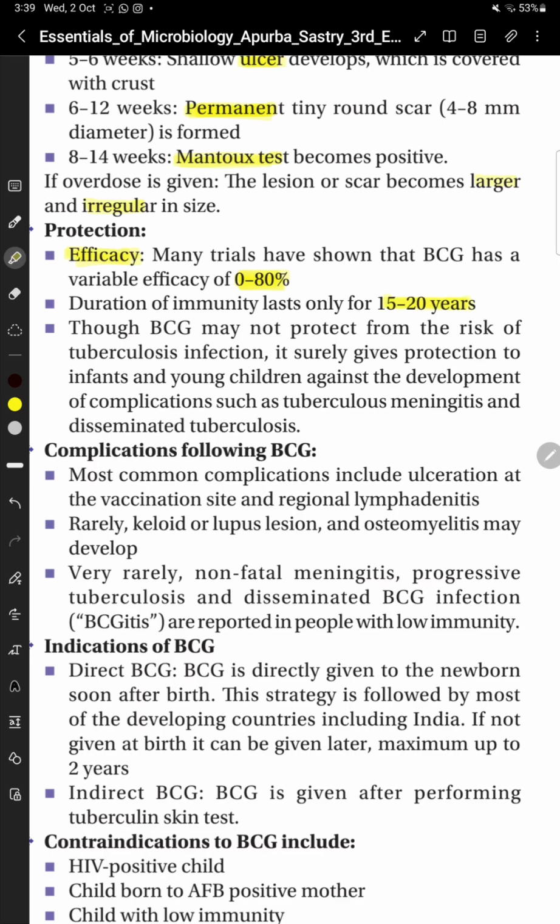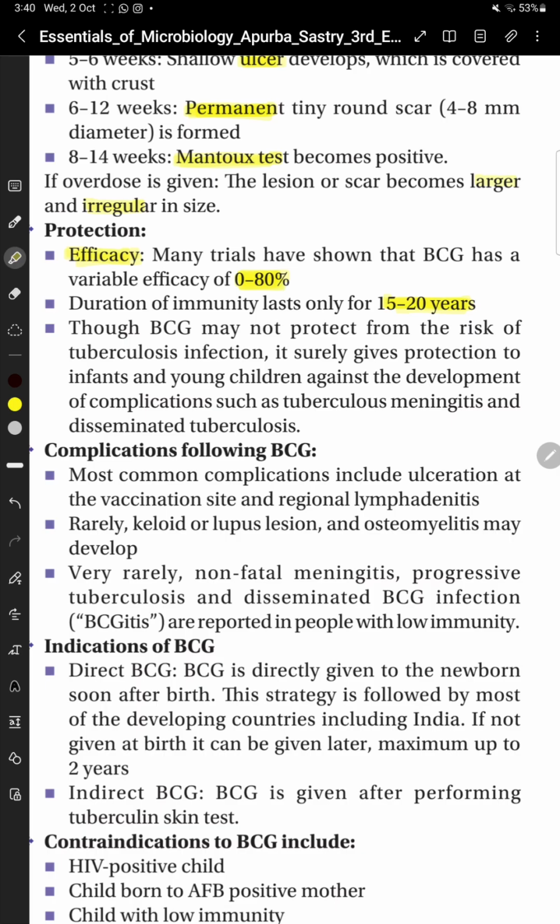Though BCG may not protect from the risk of tuberculosis infection, it surely gives protection to infants and young children against the development of complications such as tuberculous meningitis and disseminated tuberculosis.